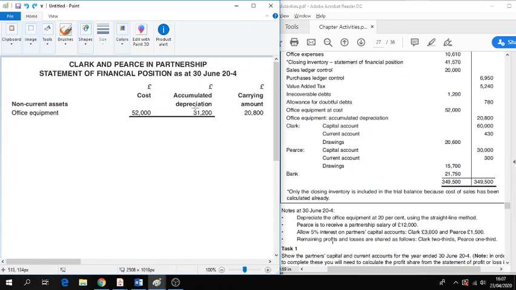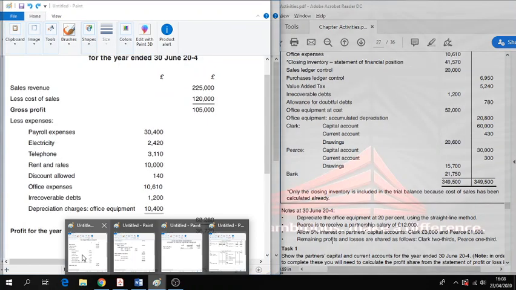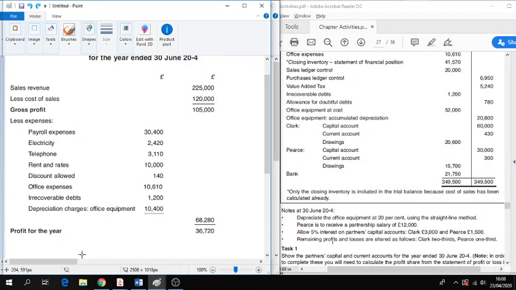Depreciation, this has come from the 2,800, this is from the previous year, and if you go back to the income statement, we put in 10,400. You may recall that, and I might just have to refer to it here, which is that one over there.